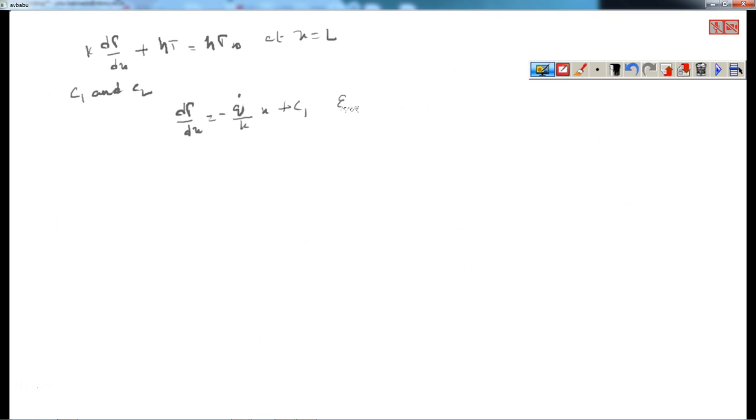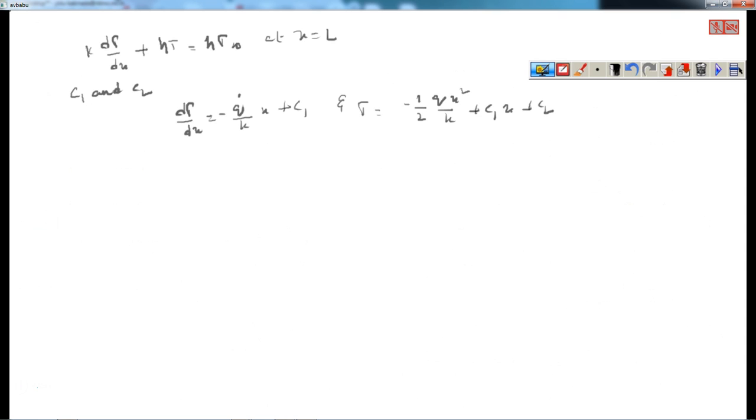And also we know that T, derived in this session only, is equal to minus q dot x square by 2k plus C1 x plus C2.